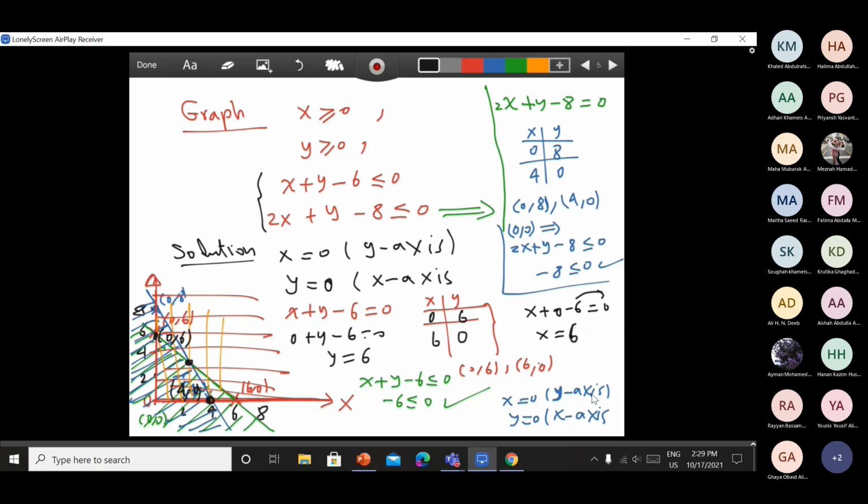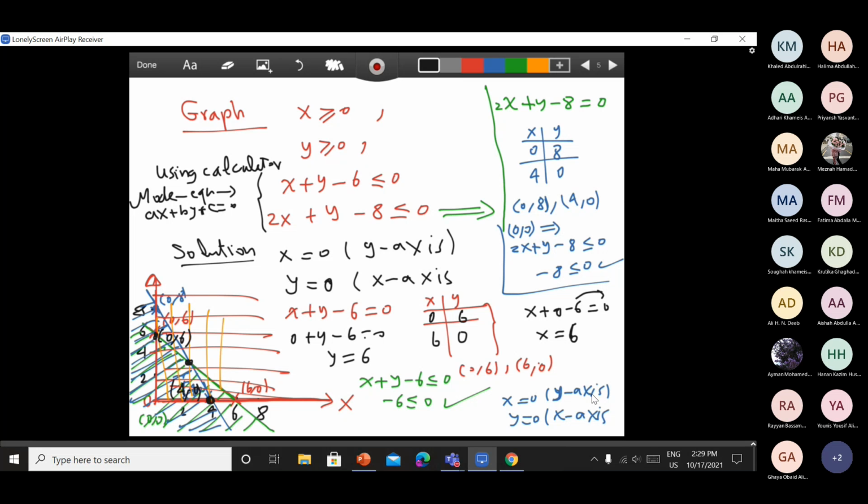As simple as that. Use your calculator, please. Using the calculator, you go for mode, go for equation, go for ax plus by plus c equal to 0. Do you have this one?